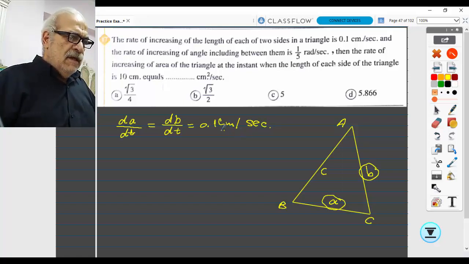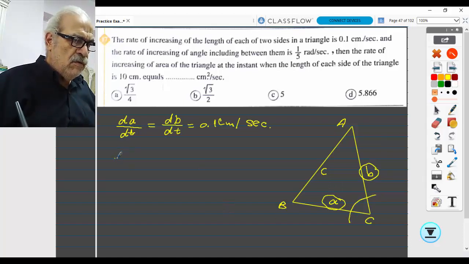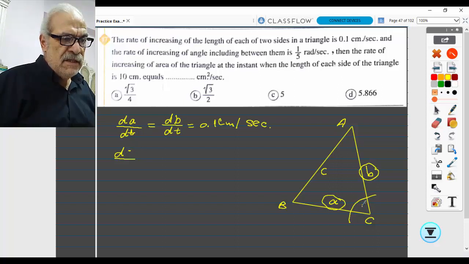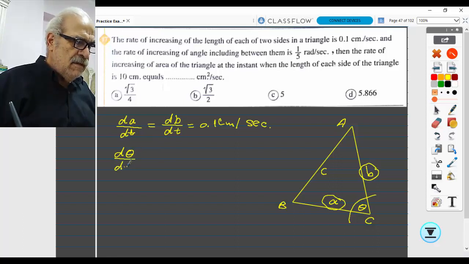Okay, and the rate of increasing of the angle included between them is 1/5. The included angle is C. Okay, consider the measure of this angle is theta. So d theta over dt equals 1/5.